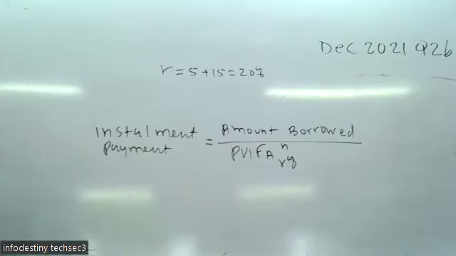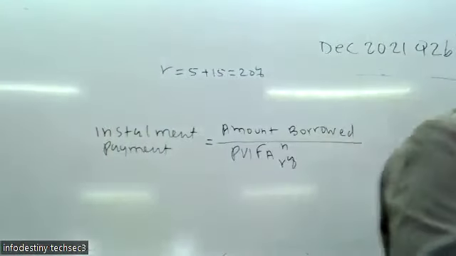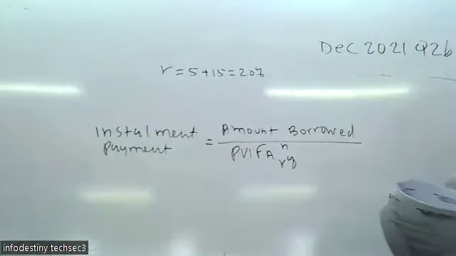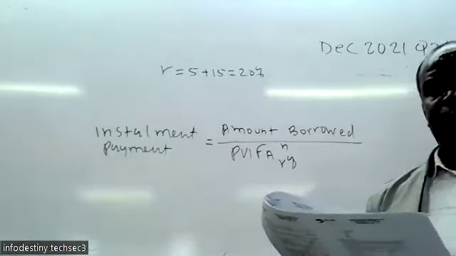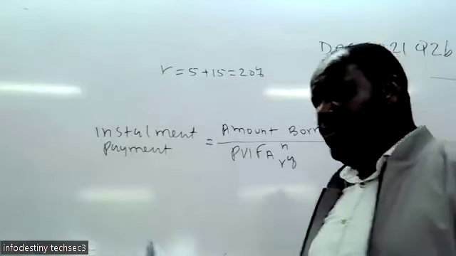So we go to page 15. They have said that Seaphone Limited borrowed shillings 15 million from Baraka Bank at an annual interest rate of 16%, repayable in 4 equal annual installments at the end of each year.